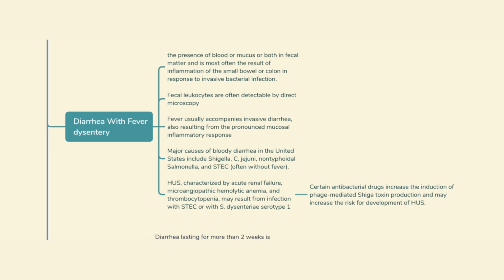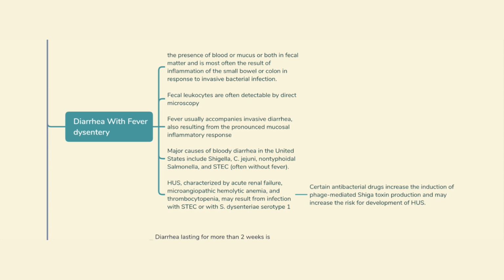One of the important reasons why we should differentiate them is that one of the complications of dysentery is hemolytic uremic syndrome. It's when we will have a really high release of specific toxins from these blood vessels inside the mucosa. They will take all these toxins, and these toxins can lead to hemolysis.